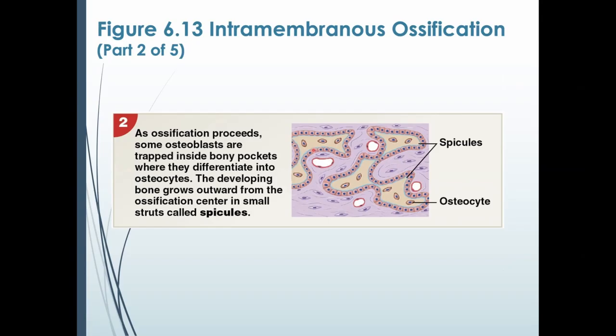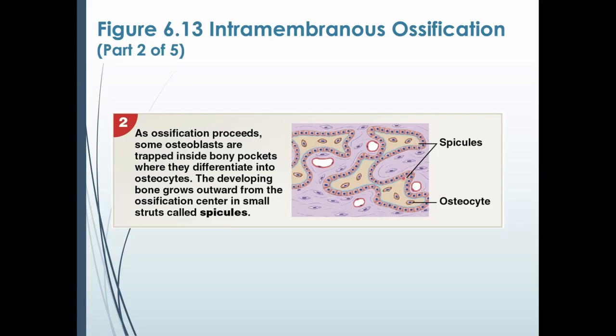With the second step, as ossification continues forward, some of the osteoblasts are going to get trapped inside. So these were ones out here, some of them get trapped inside and they differentiate into osteocytes, right? The osteocytes, if you recall, are the mature functioning bone cells. The developing bone is going to grow outward from that ossification center in small struts called spicules.